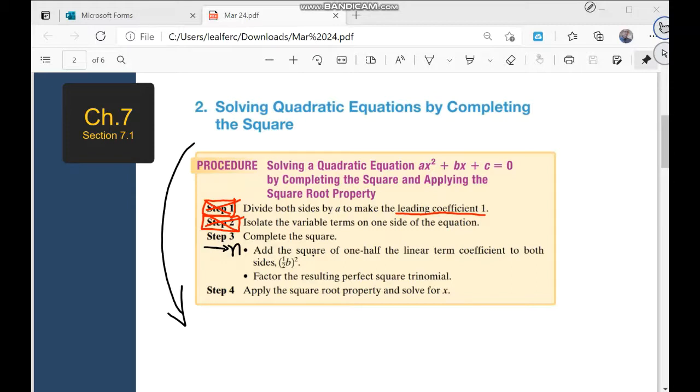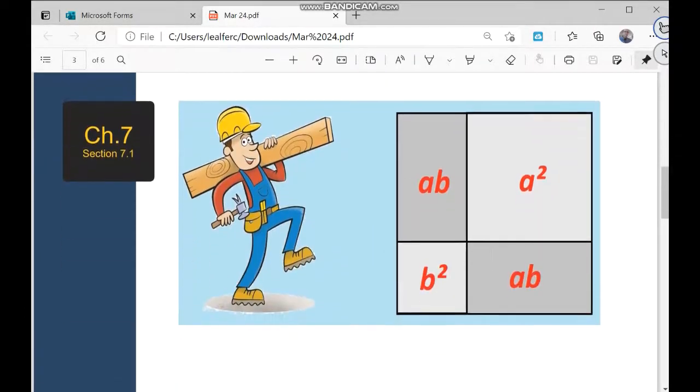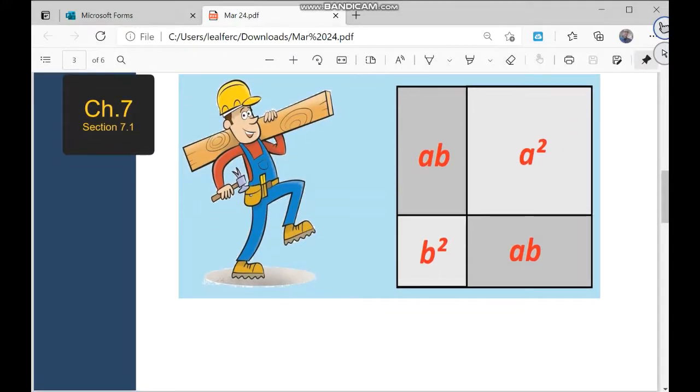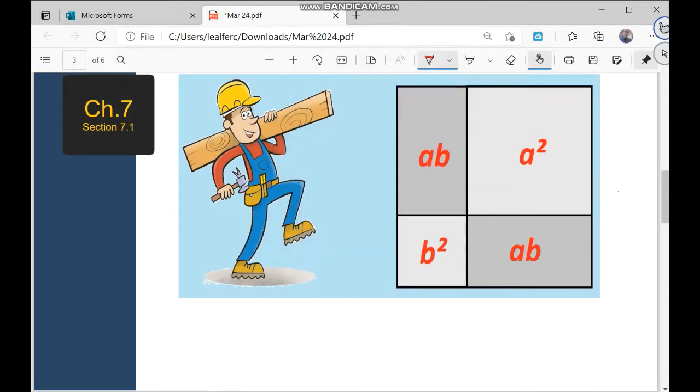And as I told you, we don't understand by reading. We have to look at an example. But first, let me tell you the formulas, the perfect square trinomials that we will use. The first one, we can figure out by looking at this picture.